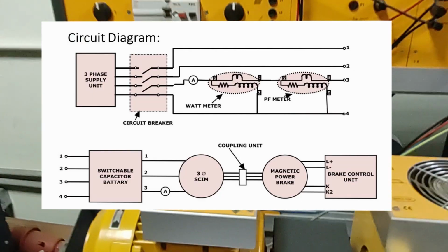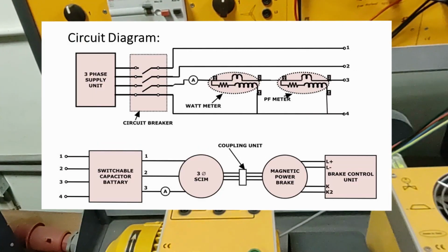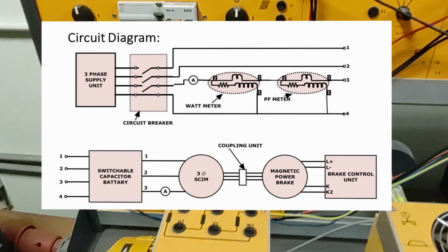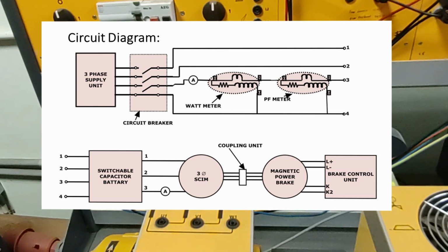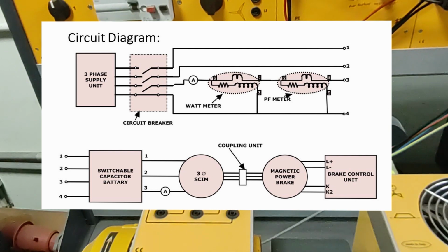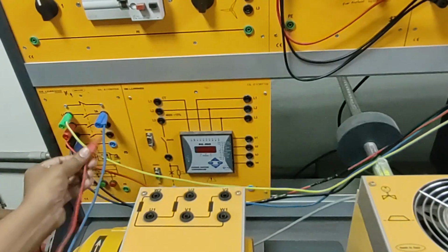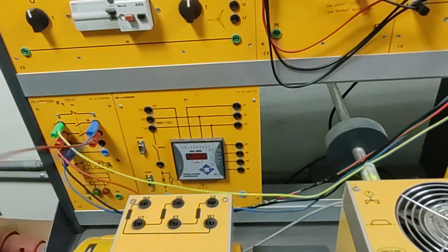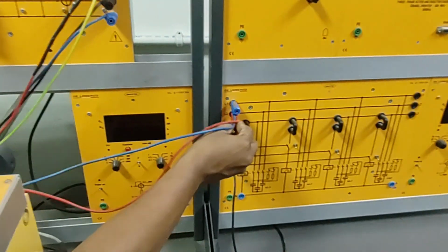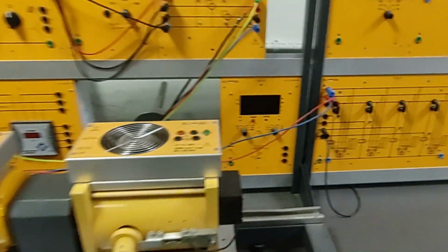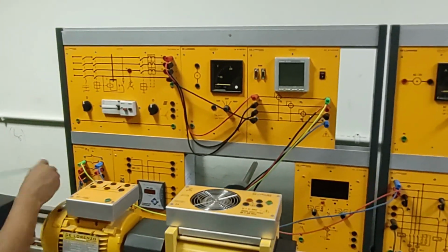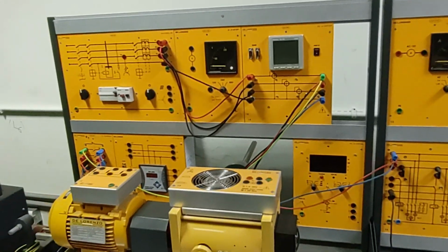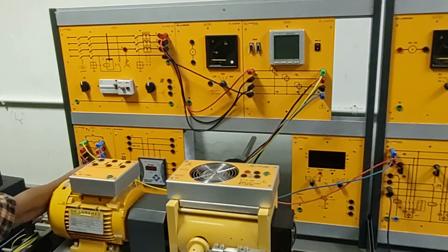Then from the output of the circuit breaker, line 1 and line 2 go directly to the capacitor bank, and line 3 is connected to an ammeter, then the power factor meter and wattmeter. So line 1 and line 2 go directly to capacitor L1 and L2. Then line 3, this one, and the neutral.